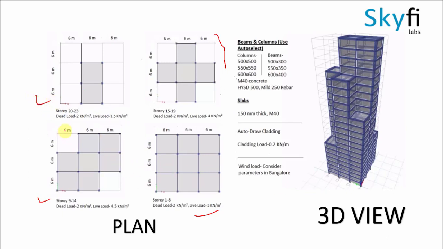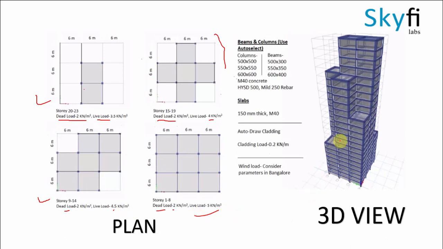Make sure that the dead load of 2 kN per meter square is constant throughout the height of the building, but the live load changes from top to bottom with an increase of 0.5 kN per meter square.